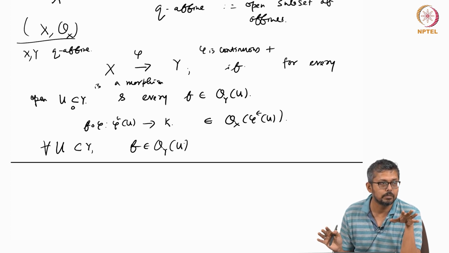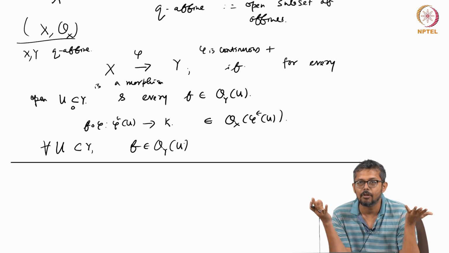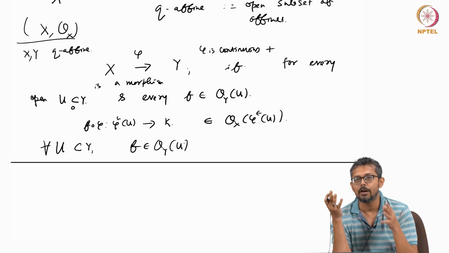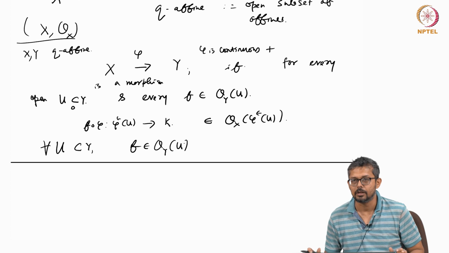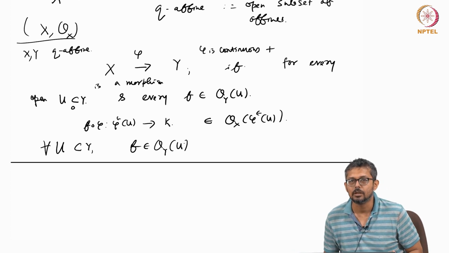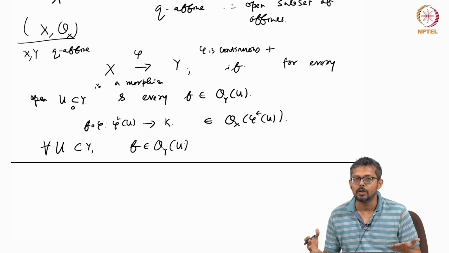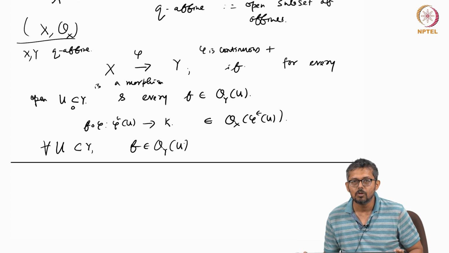Now the point is, can you reduce it? Checking that a function is a map between affine varieties would be very difficult to work with, right? You would have to check so much every time. So there must be some nice way to work.